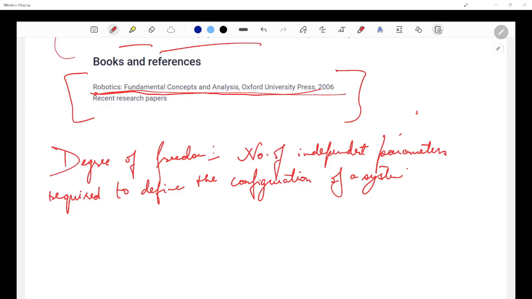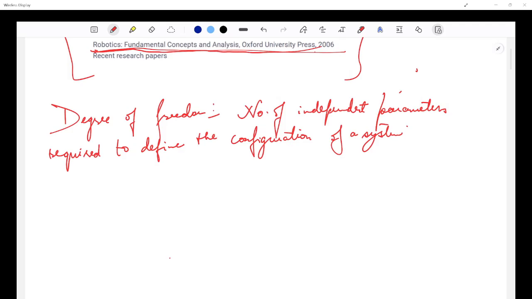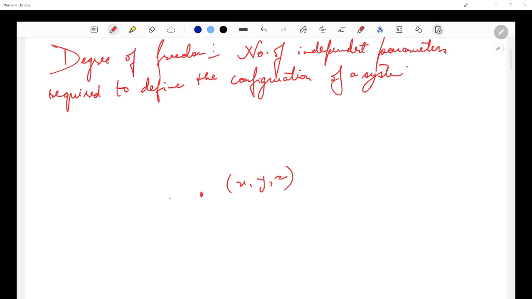So let's say if there is a particle in space, then it has 3 degrees of freedom: x, y, and z, because it is a point mass. But if there is a rigid body in space, it has 6 degrees of freedom. It has 3 translational degrees of freedom and 3 rotational degrees of freedom.